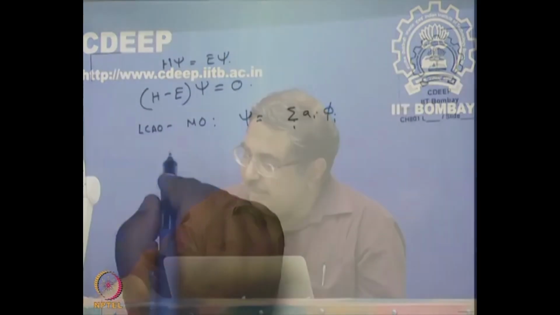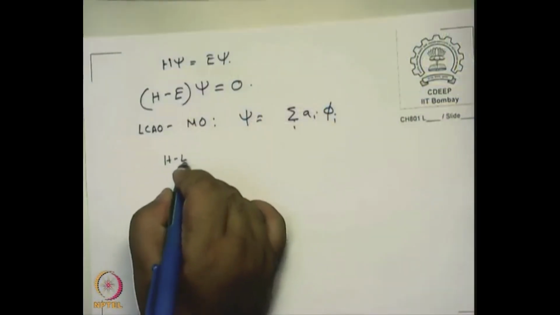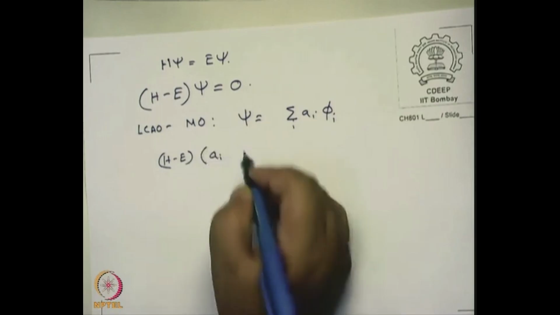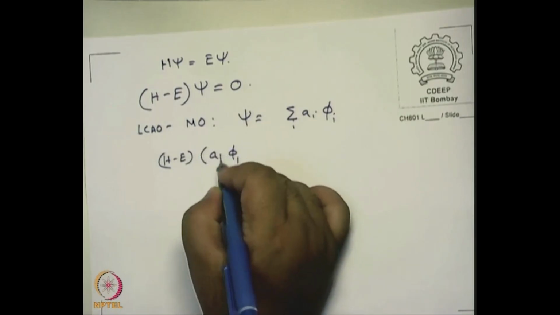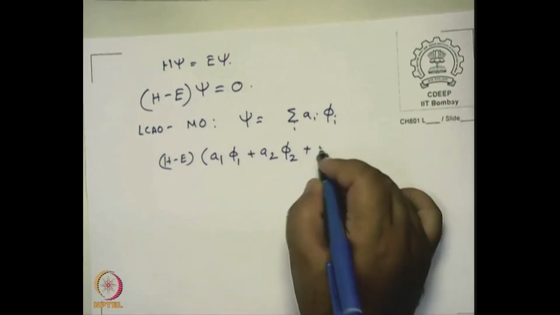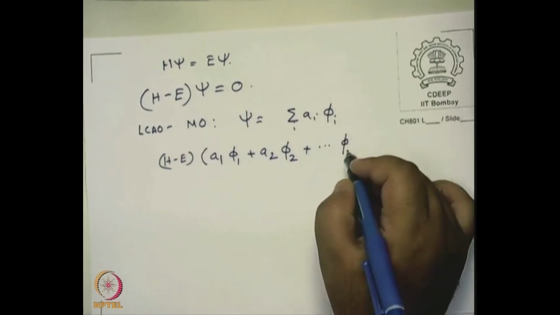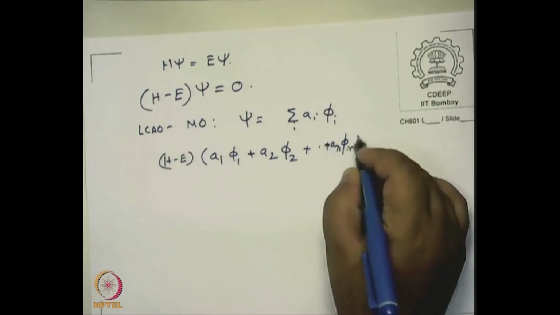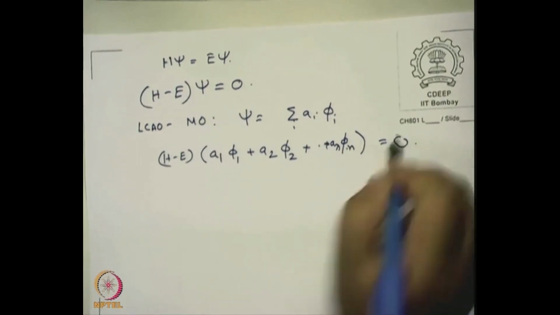Now, the question is, since we cannot really solve the Schrodinger equation so well, how do I know the energies? So, what we try to do is this: we write here (H minus E) acting on the sum of a_i phi_i, that is a_1 phi_1 plus a_2 phi_2 plus so on and so forth, let us say I am using n atomic orbitals, up to a_n phi_n, that is equal to 0.